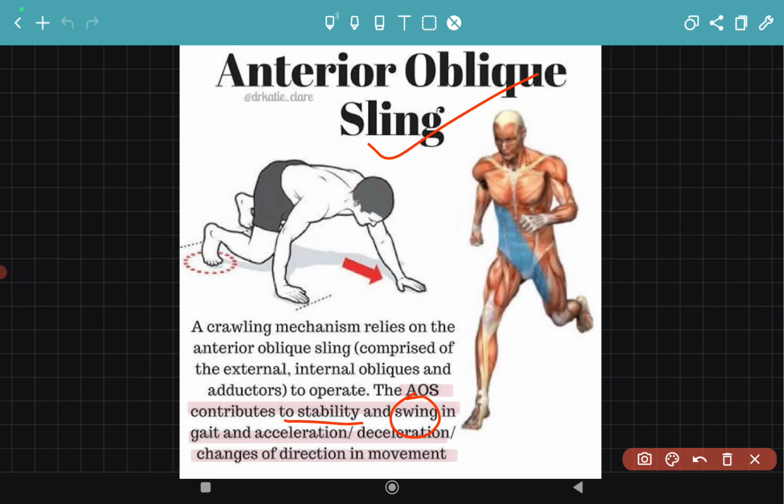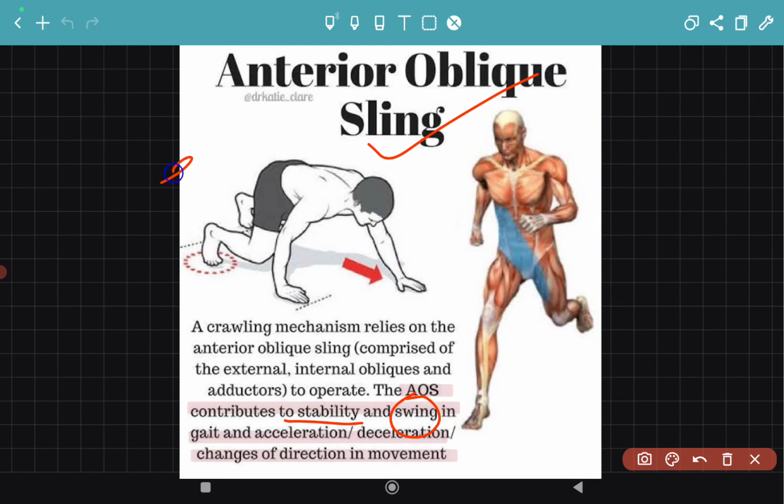So these three groups of muscles, adductors as well as the internal and external oblique of same side, external oblique of opposite side, will contribute to stability and swing during the gait as well as speeding or acceleration or deceleration or any change in direction while performing the movement.